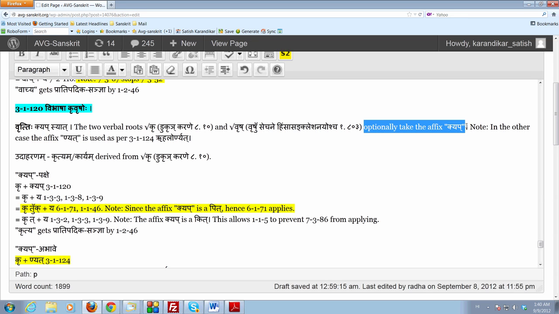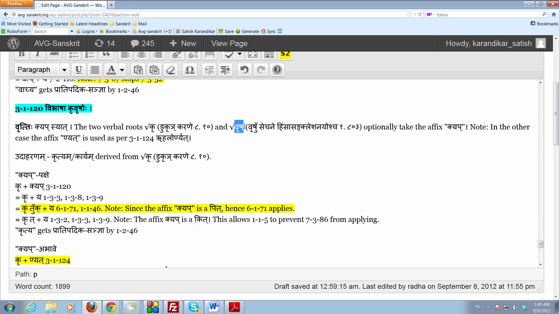Note, in the other case, when the affix kyap is not taken with vibhasha, optional, then nyat of course will come by ruhal or nyat. Let us pause for a second here, and note that these two are not exactly in the same situation.